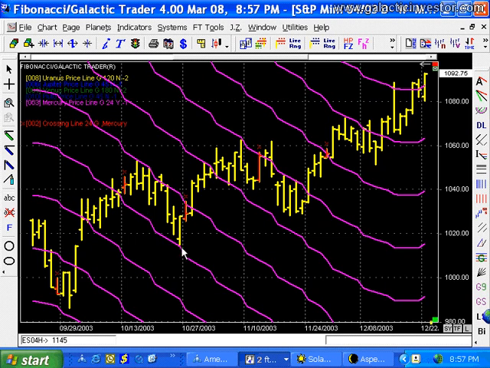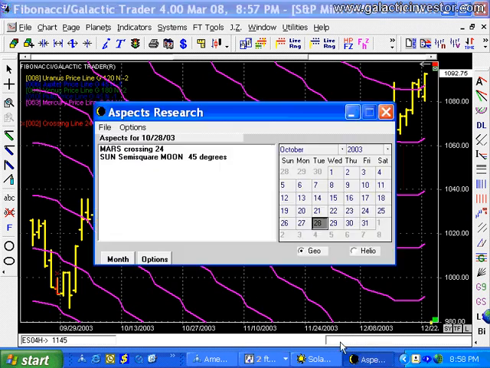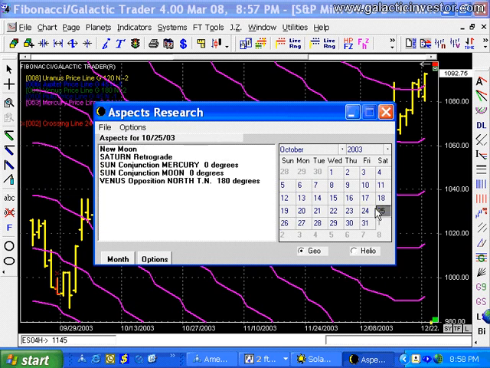When you see a precise low like this, and Mercury's crossing the 24, and the precise low is at the mirror line, in addition to all of these other planetary clusters that are occurring right here, especially when the outer planets are stationed, going retrograde or direct.